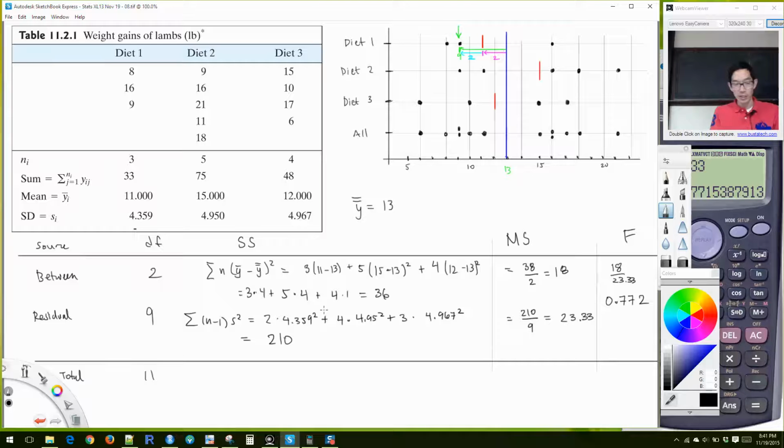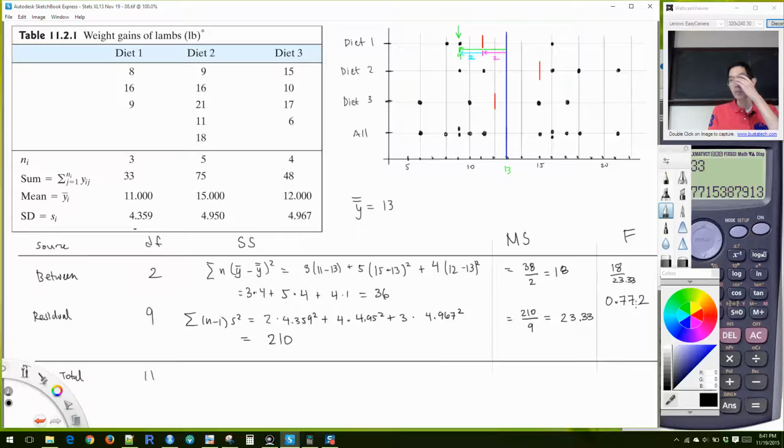But yeah, the big concept is we're separating out the total sum of squares into these two components, and then we're taking a ratio between the average squares, mean squares, between the two components. Okay, and so at this point we've got an F statistic, and we can look this up in an F table.